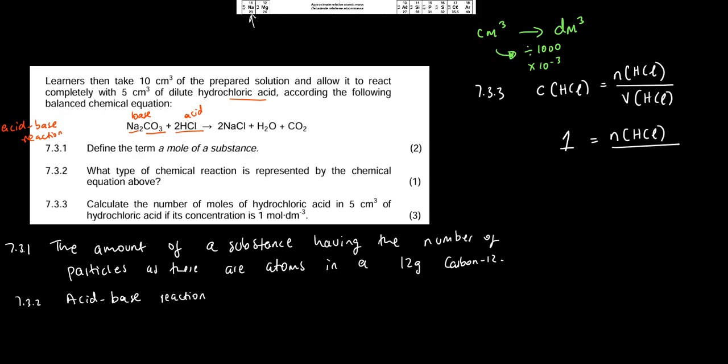And then what is the volume of HCl? Great, so we were given its volume, which is 5 divided by 1,000, 0.005. And therefore, what do you get for the number of moles of HCl?